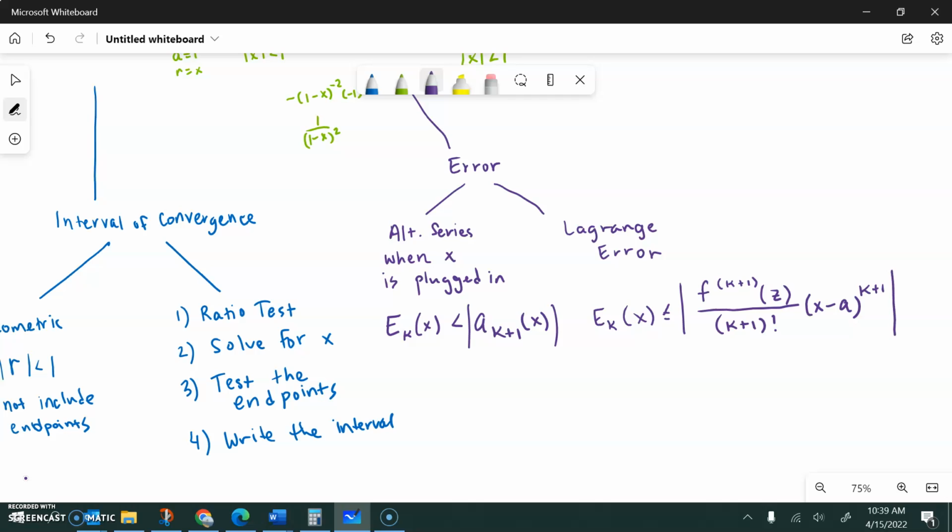This is just the next term almost, except that z is between x and a, so it's between what value we're evaluating at and our center, and it makes the error as big as possible. So we choose a z to make the error as big as possible.